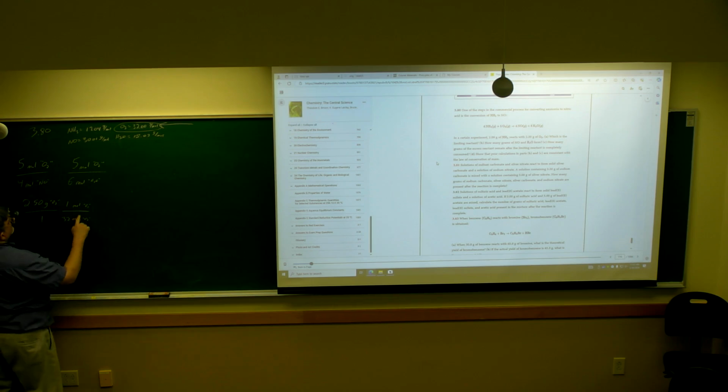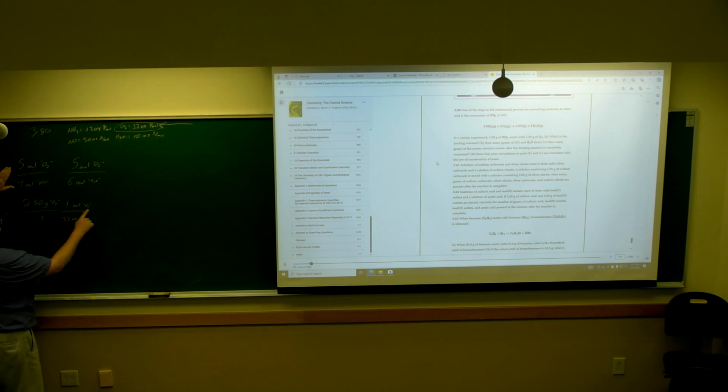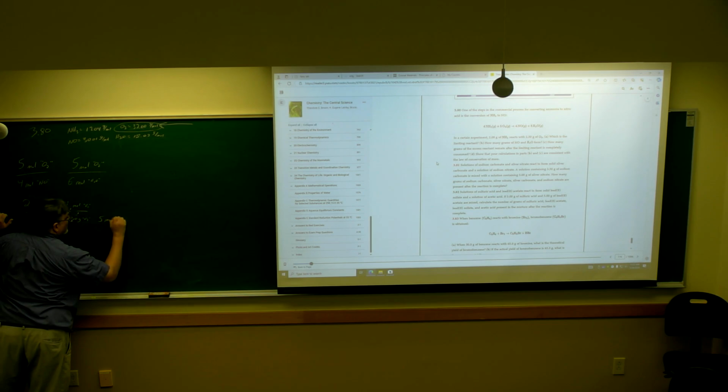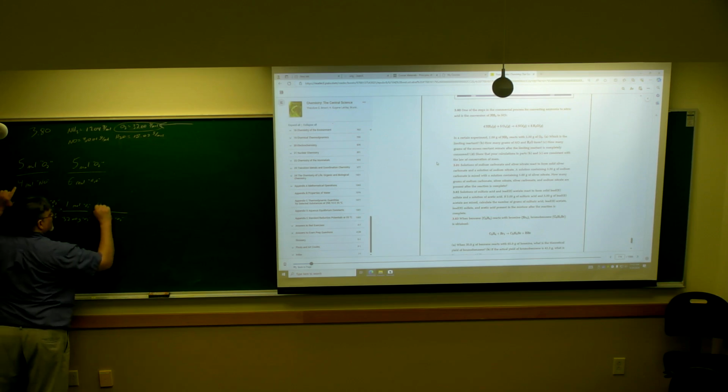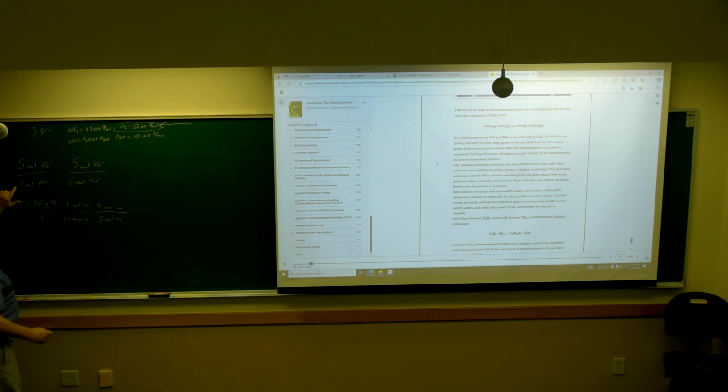Now I'm calculating NO first, so we'll figure out that product first. I want the moles of O2 on bottom, so I'm going to go 5 moles to 4 moles NO.